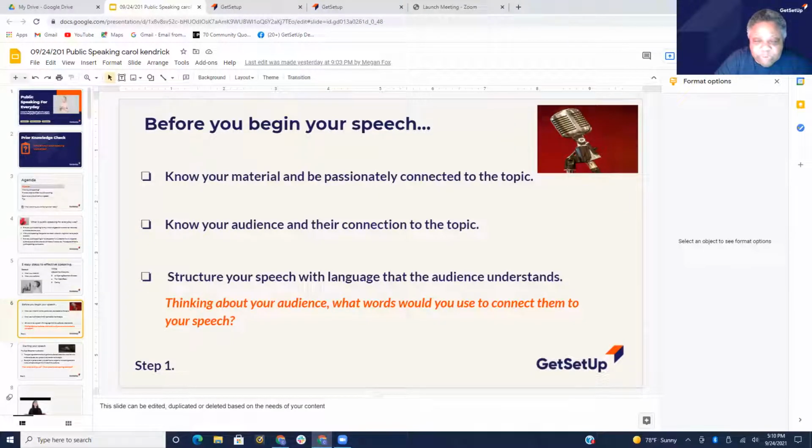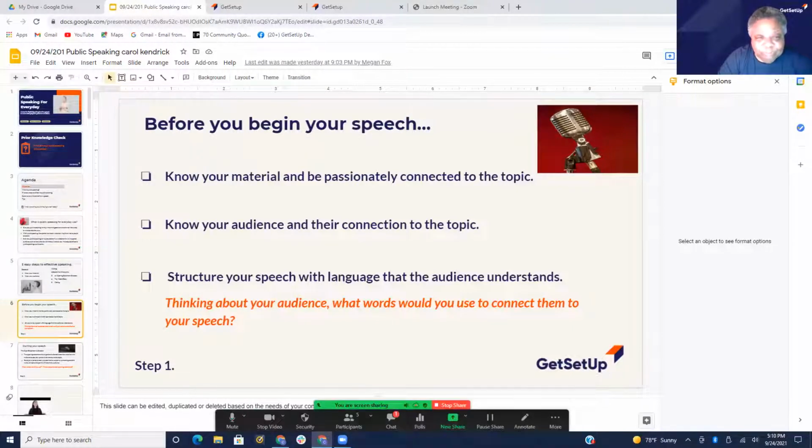What word would you use to connect them to your speech? Some things will just make them perk up, such as if you're talking to a farmer, if you start off with, I know a way that you can get 10 times as much from one crop. Now that would pique a farmer's interest, not a car salesman, but a farmer.